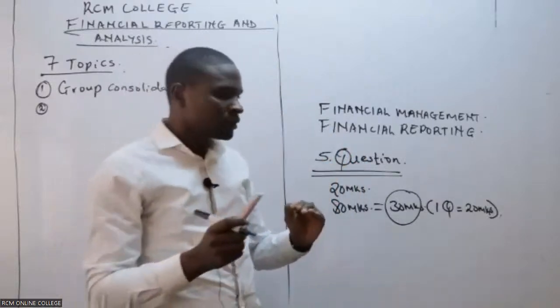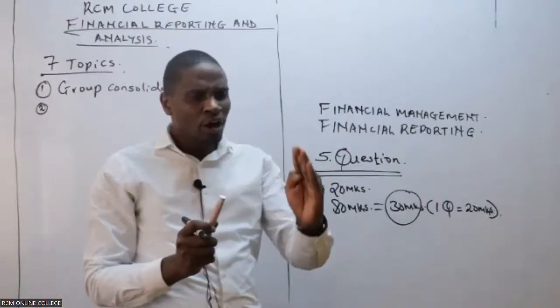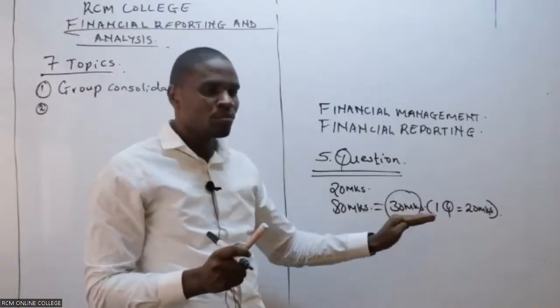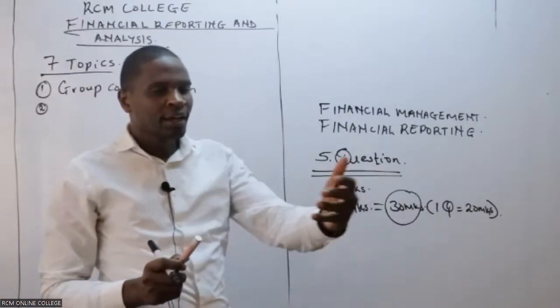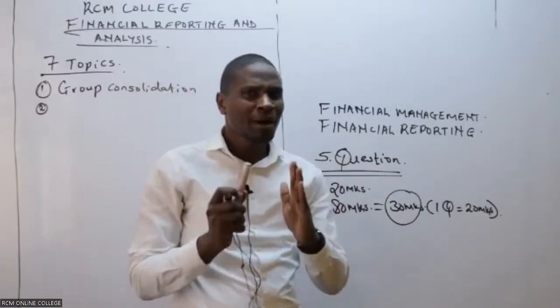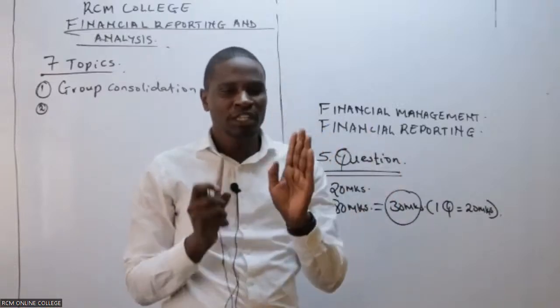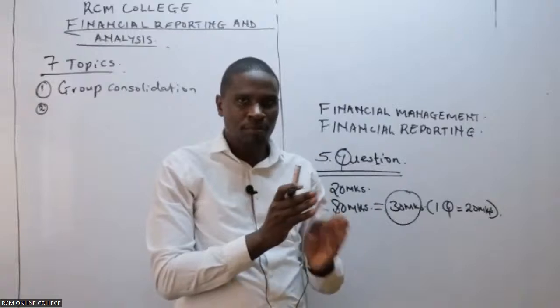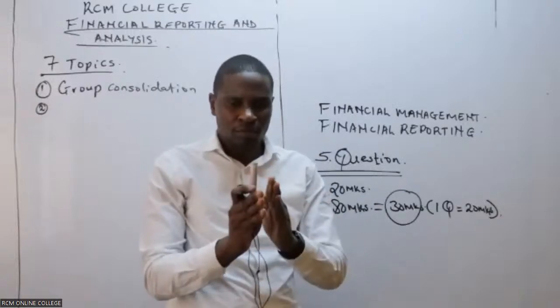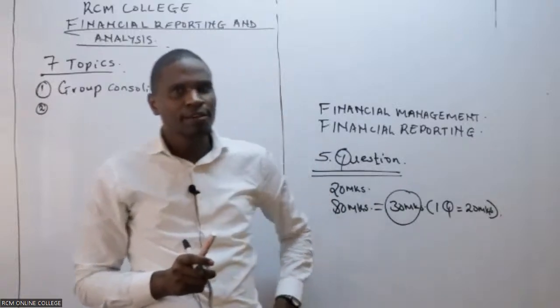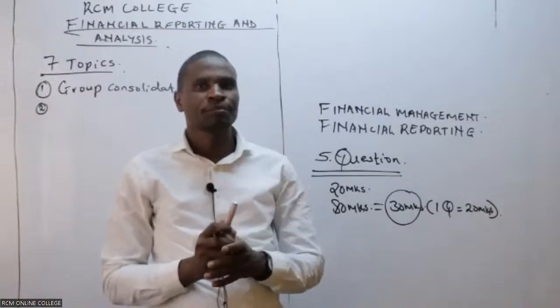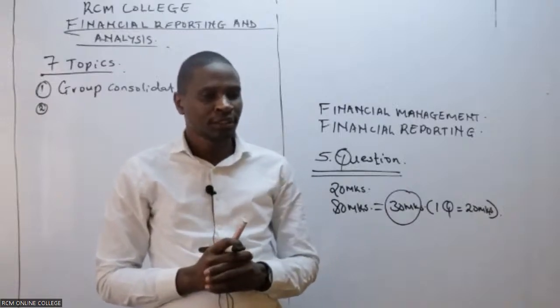Depending on how you rate yourself, how many marks do you think you can get from the theory? Can I get the feedback from that end? How many marks do you think you can get for the theory out of 30?